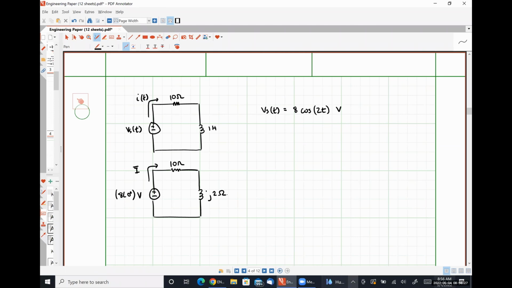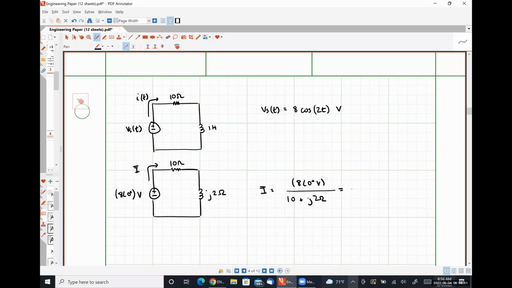And just using good old Ohm's law, I can see that I is equal to 8 angle 0 degrees volts over 10 plus J 2 ohms, which comes out to be 0.784 angle negative 11.310 degrees amps.